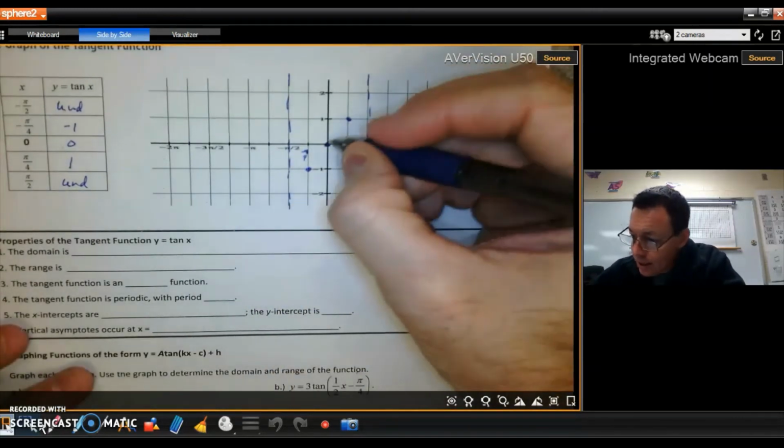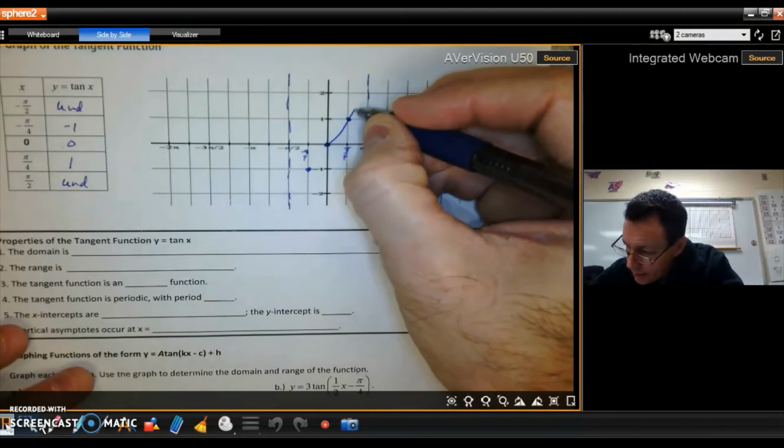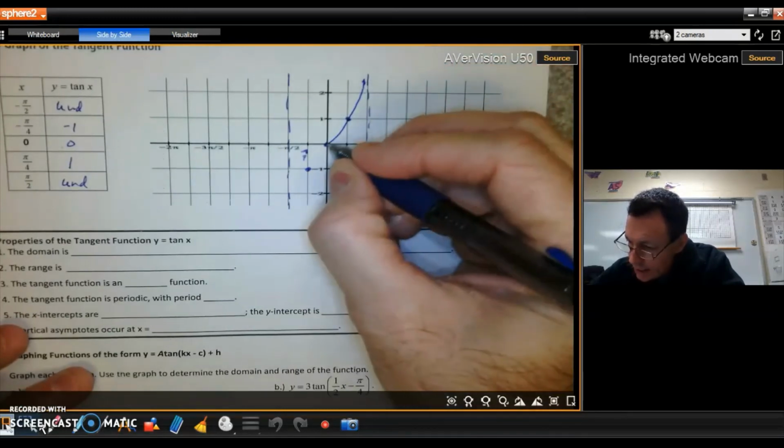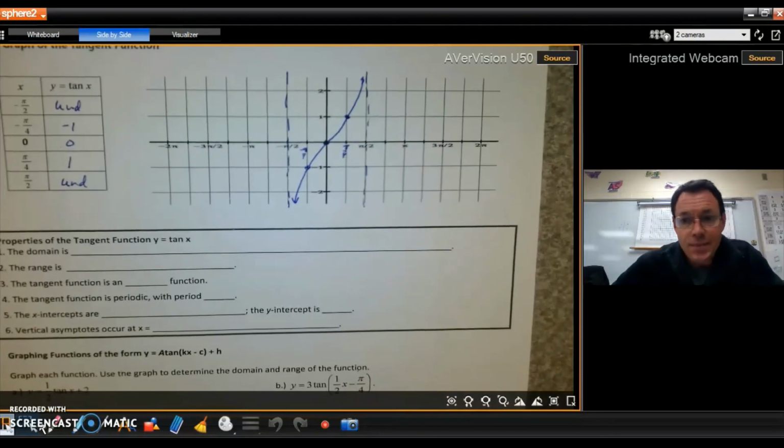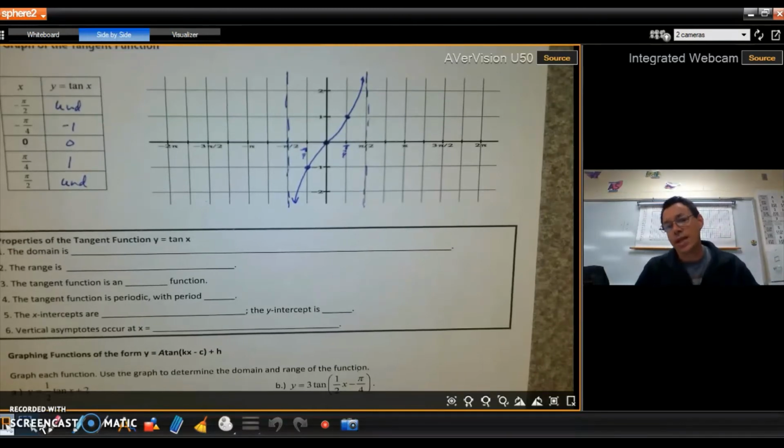And then our graph is just going to go up and to the right, and it's going to go down and to the left. That's it. That is a tangent graph. It looks very, very similar to an x cubed or an S-curve graph. So the cotangent was kind of backwards of this. The tangent goes exactly like an S-curve.